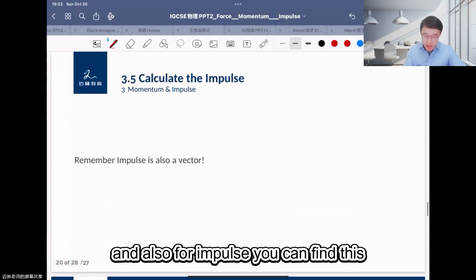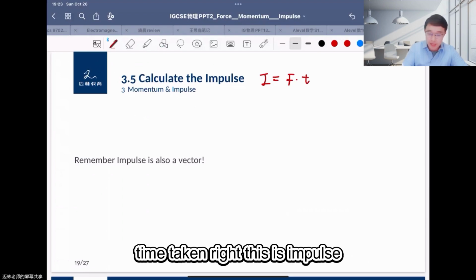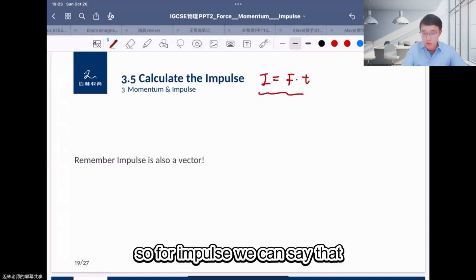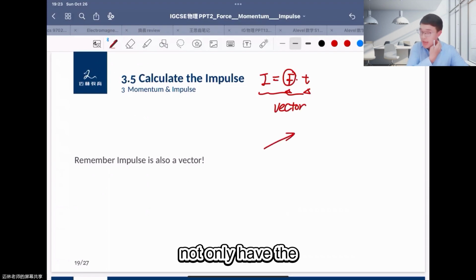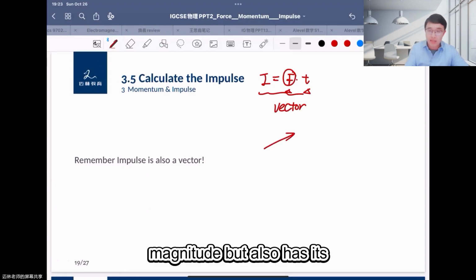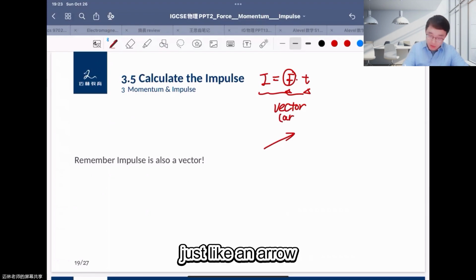Okay. And also for impulse, you can find its formula is impulse equals force times time taken, right? This is impulse. Okay, so right here we can find force is a vector, right? Because force not only has a magnitude, but also has its direction. So it's a vector, okay? Just like an arrow.